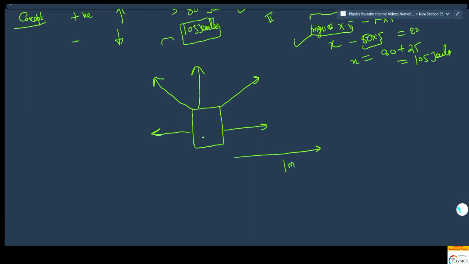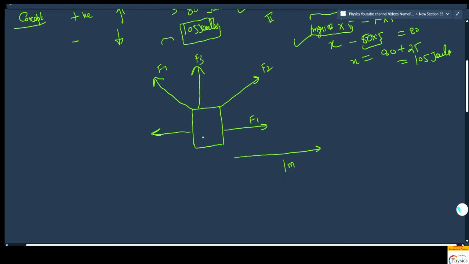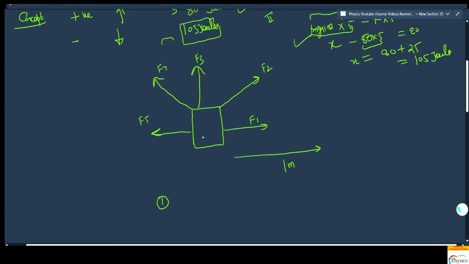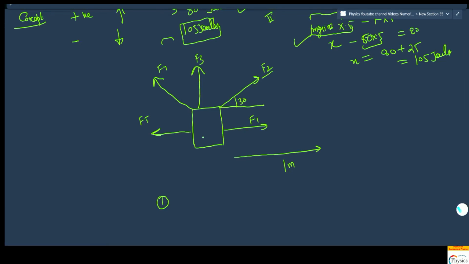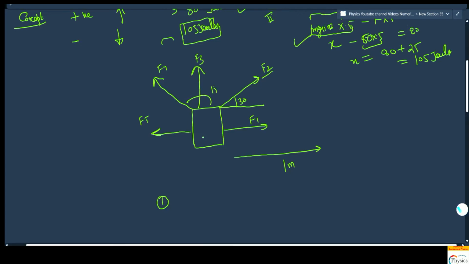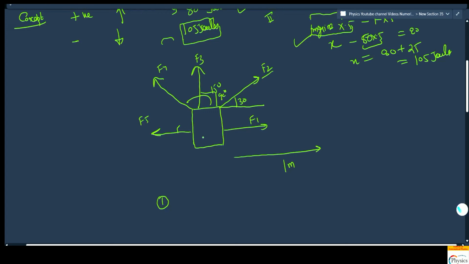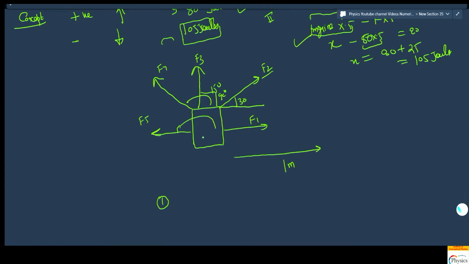What I have to do is look at individual forces F1, F2, F3, F4, F5. What I need to do in step number one is take components of the force, right? So this angle is say 30 degrees, this angle probably is 150 degrees, this angle is 90 degrees, this angle is maybe 180 degrees. It's anti-parallel to the displacement.